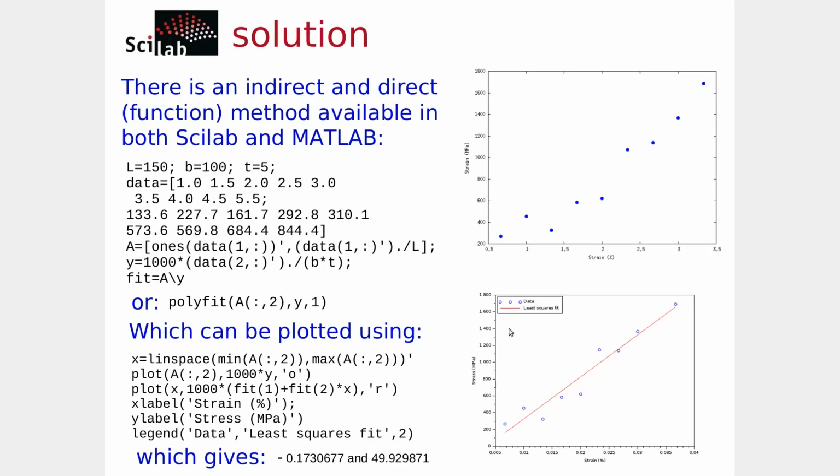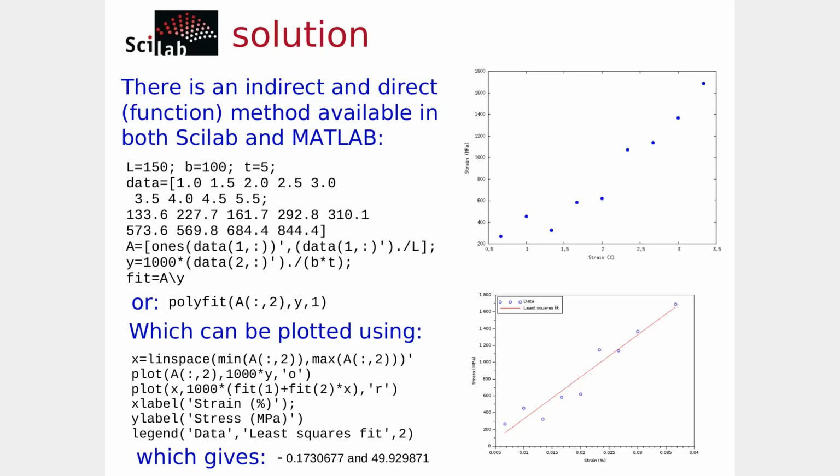Simply here we've set up the L, B and T values according to the same as we did before. The data are then set up. We now have ones and the data from the first row multiplied by L, and then we've set up a column of Y's, and we've used the / command to compute the fit.